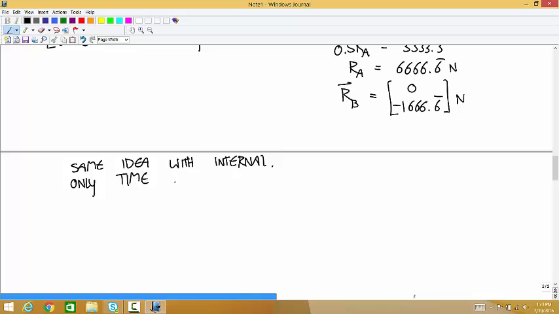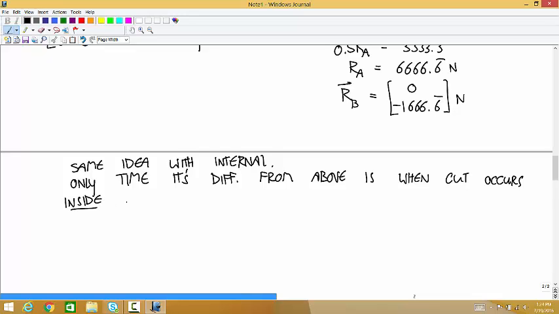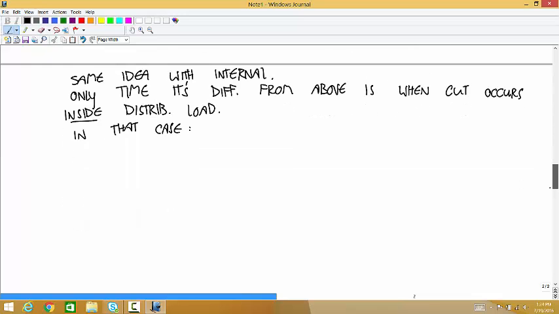So the only time it's different from above is when the cut occurs inside the distributed load. In that case, you can do two steps.